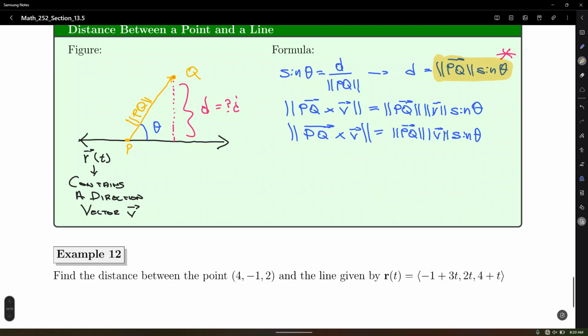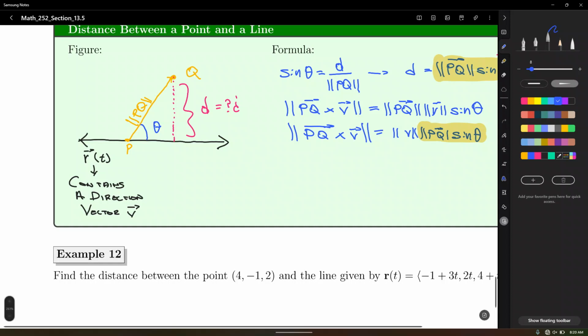This is V and this is PQ. I'm going to put together these two, and this is equal to the distance we're looking for.